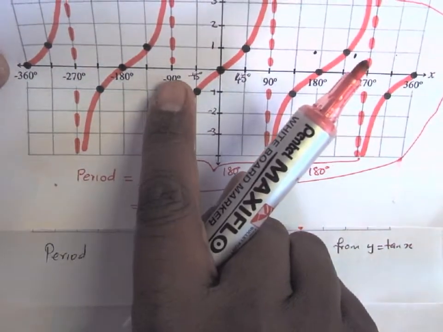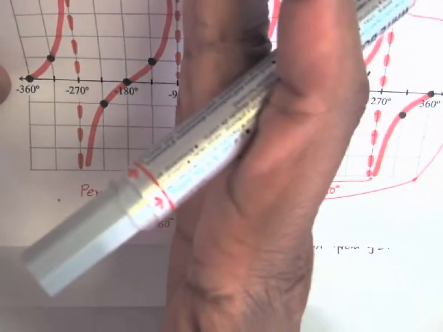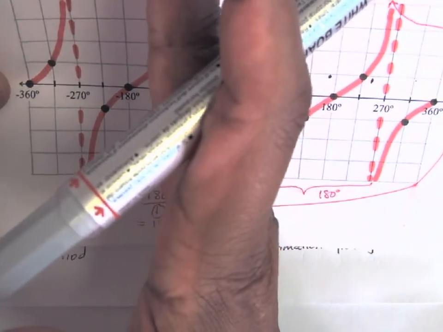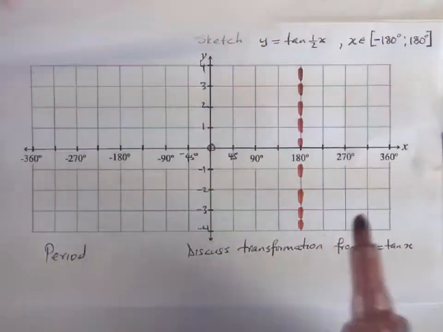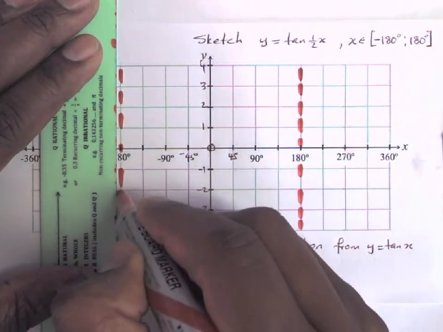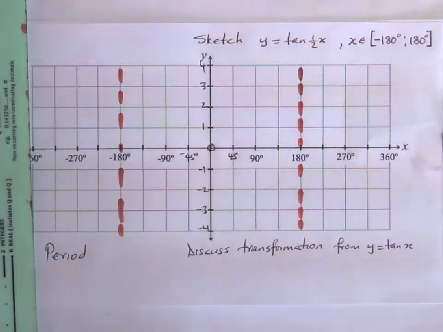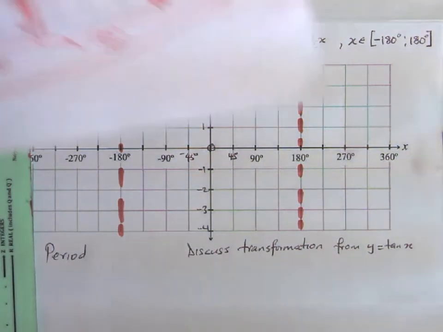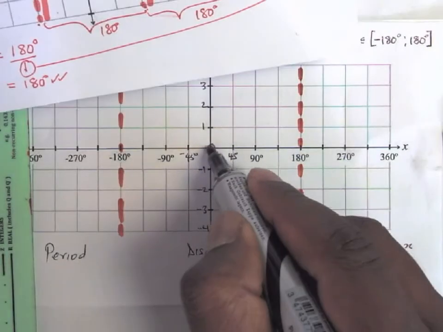Now even this other one here, which was at minus 90 degrees, by factor of a half, I go that way there to minus 180 degrees. So I've got it to minus 180 degrees like that. You can see that now the graph will be stretched, and when it's stretched, this point here, if I stretch this point, it stays there.